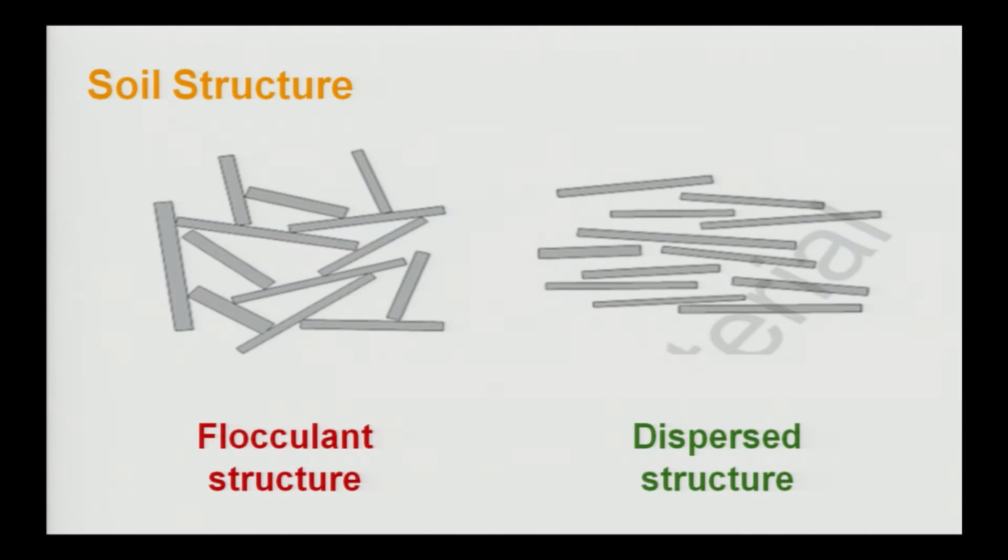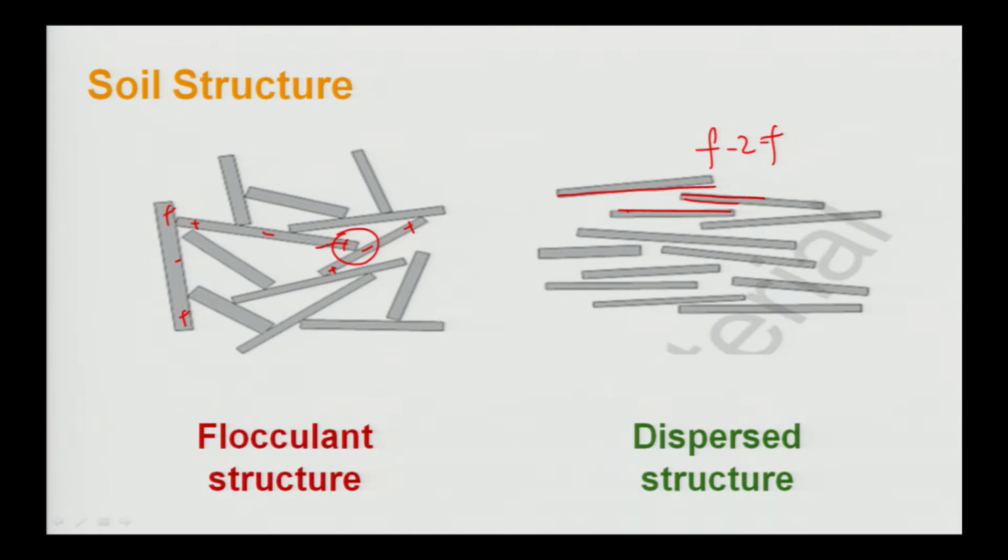See here, this dispersed one. First of all, this is one face, this is another face. So herein face to face interaction is going on. And similarly, see here, let us say here it is plus, here it is minus, and there it is plus. So in this case the opposite charges will attract each other.